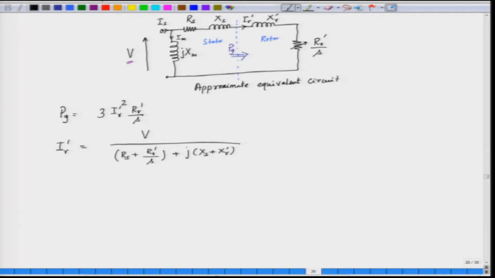So, this is the rotor current, that is Ir prime. Now, what about the copper loss? The copper loss in the rotor we define as Prcu, the rotor copper loss.